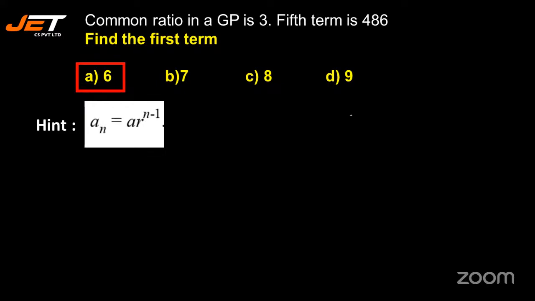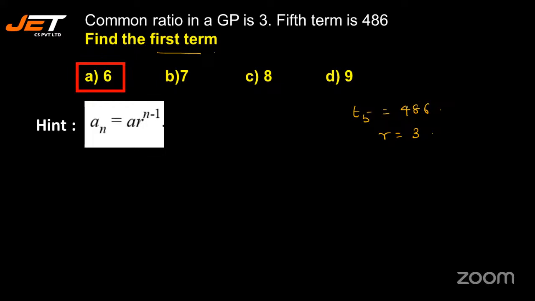So T5 is 486, and R is 3. You are asked to find out the first term.